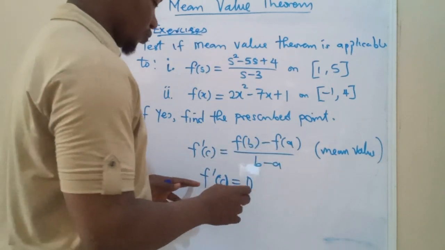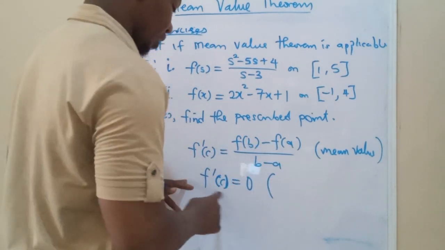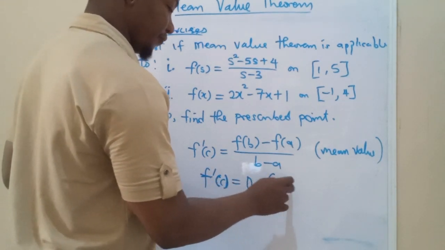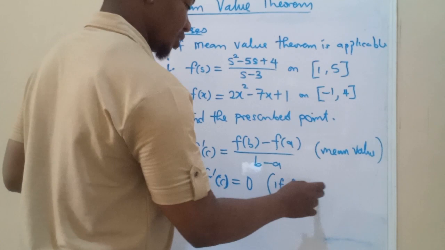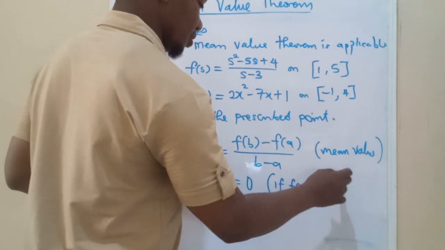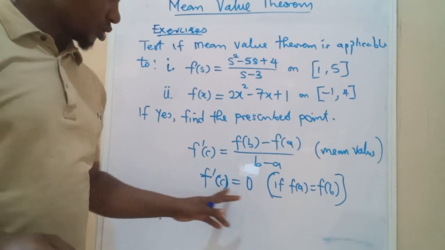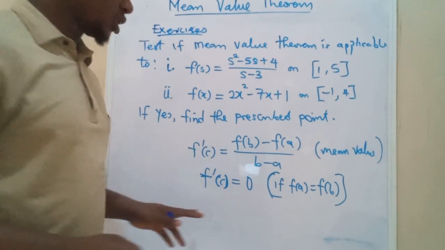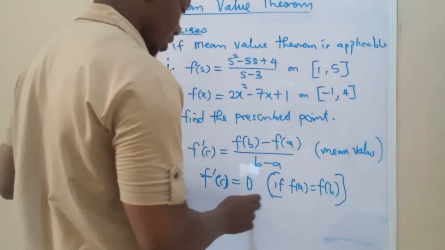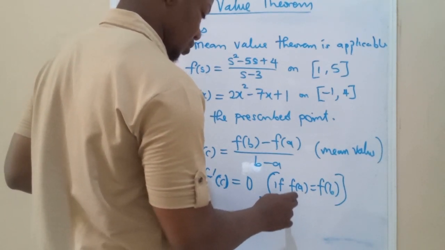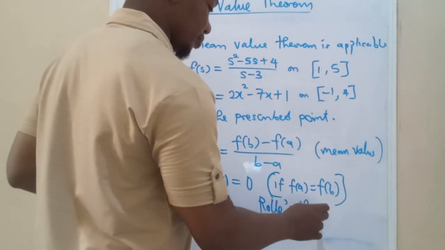So we see that this mean value will be 0 if f of a is the same thing as f of b. This concept alone is discussed under the Rolle's theorem.